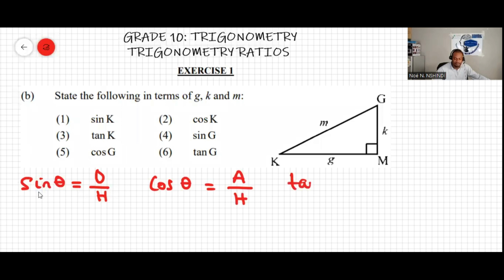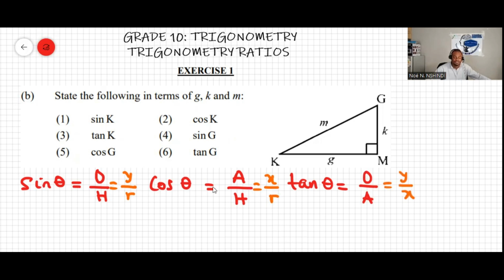And then tan of theta is given by the opposite side over the adjacent side. Sometimes O is called Y, and H is called R, and A is sometimes called X, and H is still R, and therefore tan will be Y over X.